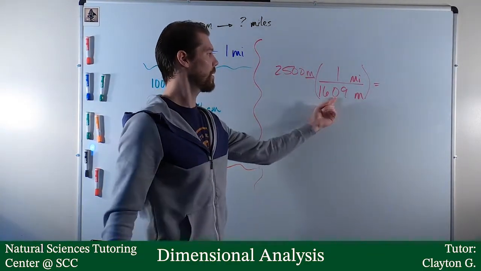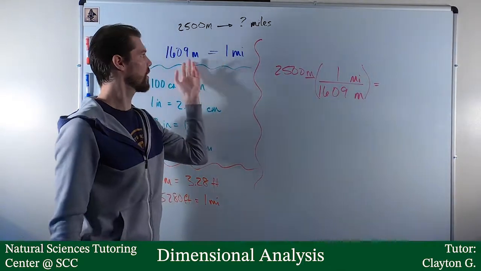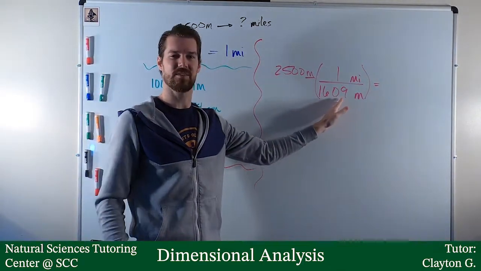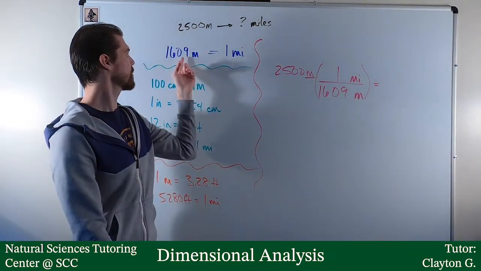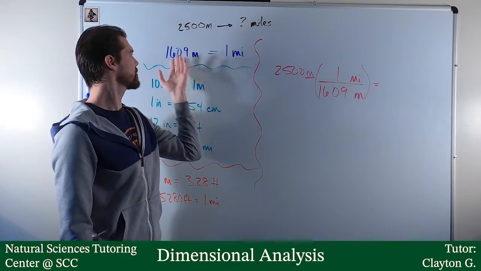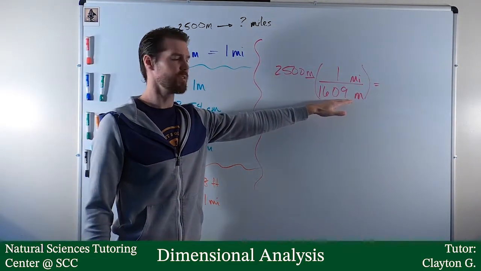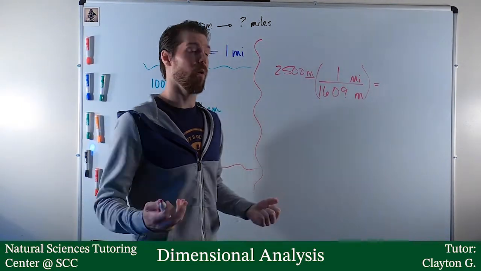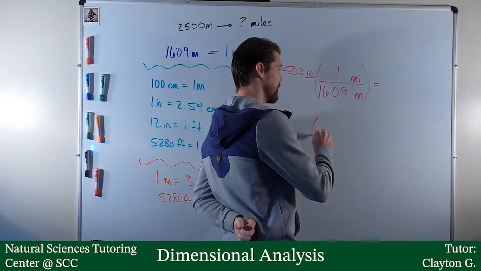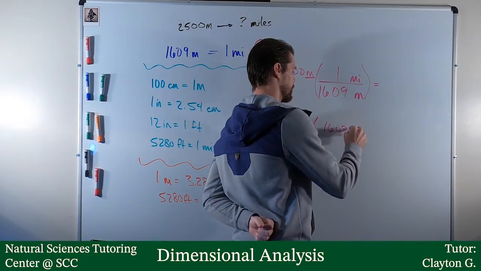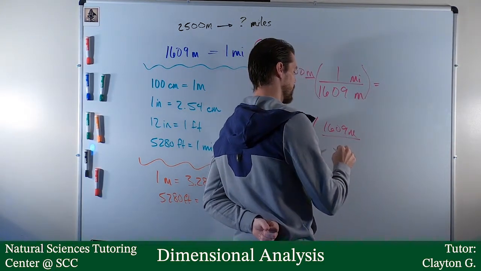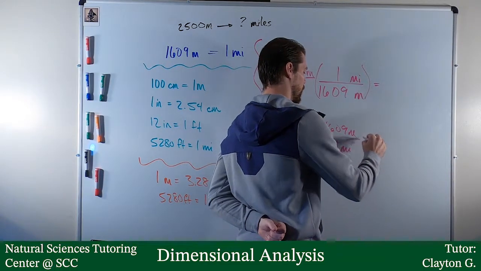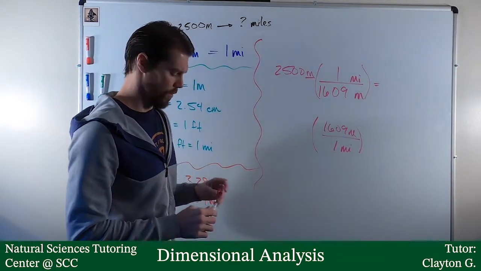So how do I know that I'm allowed to just go ahead and turn this into this? That doesn't really make sense. Why can I turn this thing that says equals 1 mile, why do I get to now just divide by 1609 meters? And how do I know that it's not supposed to be the other way around, 1609 meters over 1 mile?